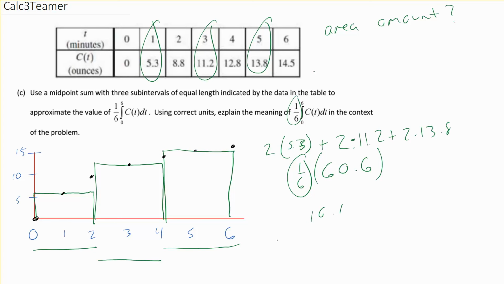We have found the average amount of coffee in the cup at any time. I know that's not that easy to understand, but anytime we take that 1/6 of something like that, we should be finding an average. I think that'll start making more sense when we get a little deeper into this math.